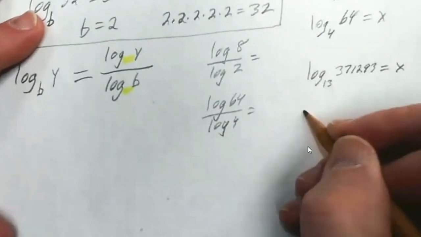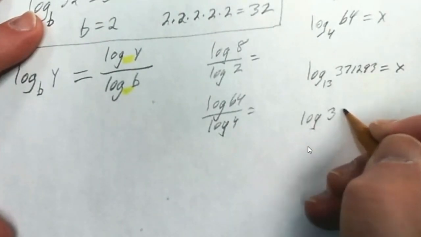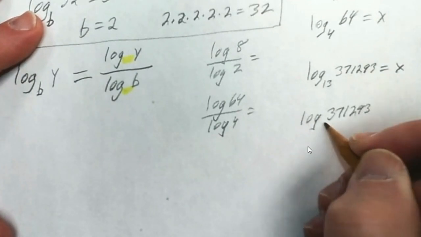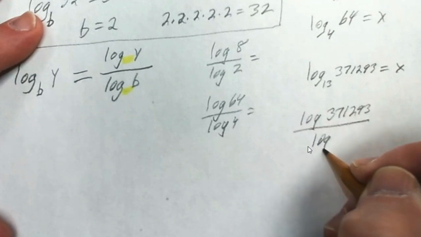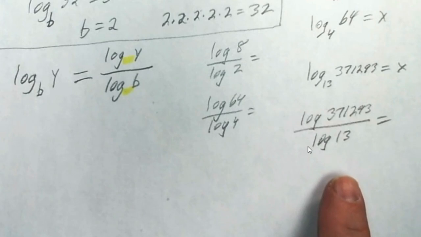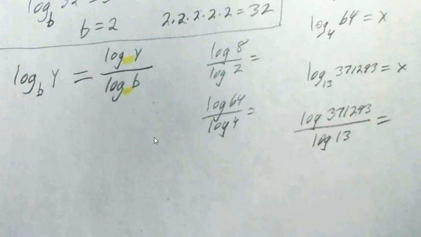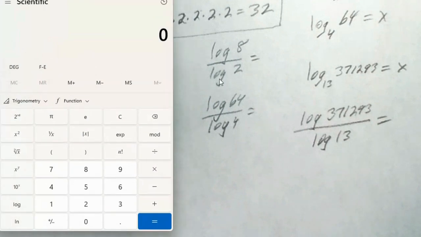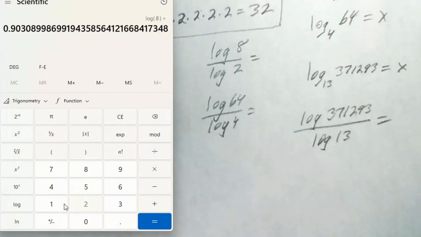I can take the log of 371,293 and divide it by the log of 13. And these I can do all in my calculator because these are all base 10. I wrote them as base 10. So let's just punch these in the calculator and see what it comes up with. So log 8 divided by log 2. Log 8 divided by log 2 is 3.